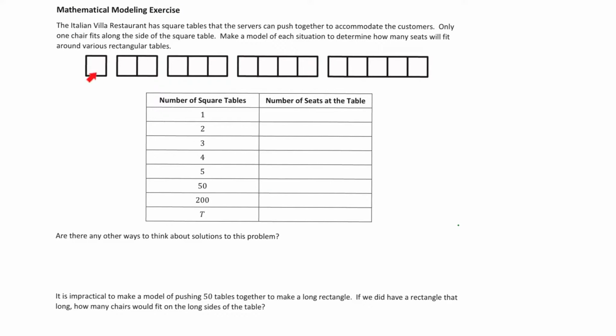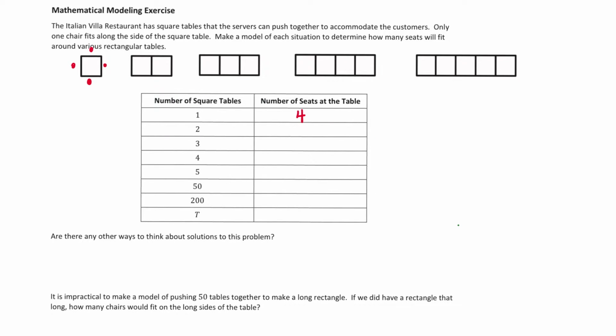Let's look at the first table, the first square table, and here it's going to represent the first table. So the first table can hold how many people? Let's see, 1, 2, 3, and 4. And we're going to record that the first table can hold 4 people. Now for the second table, that looks like a rectangle, we have 2 square tables.